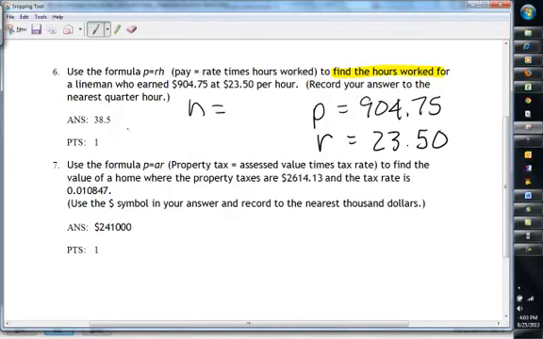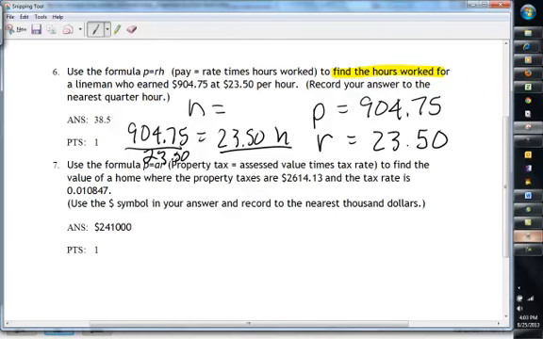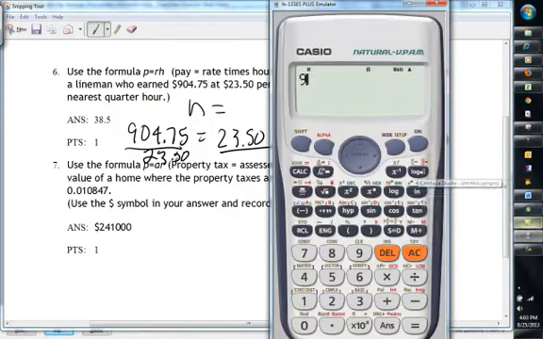So let's substitute into our formula. 904.75 is 23.50 times H. Divide both sides by 23.50. 904.75 divided by 23.50 is 38.50 per hour, or 38.5 hours, excuse me.